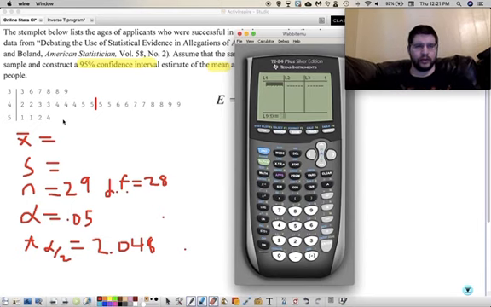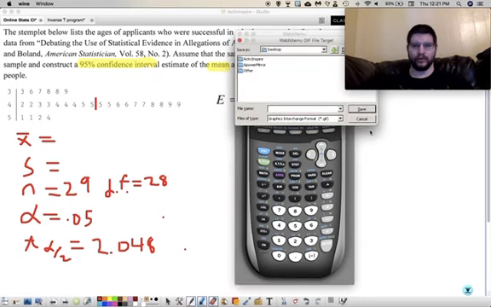Type in your numbers: 33, 36, 37, 38, 38, 39, 42, 42, 43, 43, 44, 44, 44, 45, 45, 45, 45, 46, 46, 47, 47, 48, 48, 49, 48.